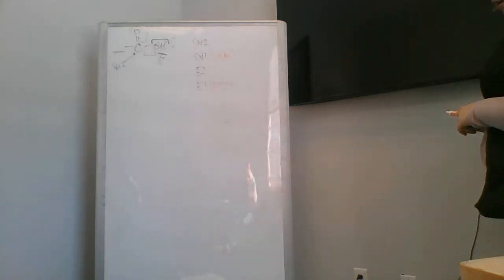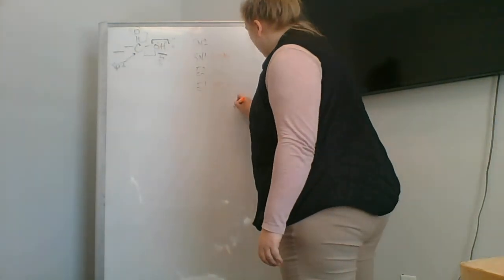Trying to think. So again, not necessarily for this chapter, but when we talked about alkyl-oxonium ions, just to have something other than alkyl halide.